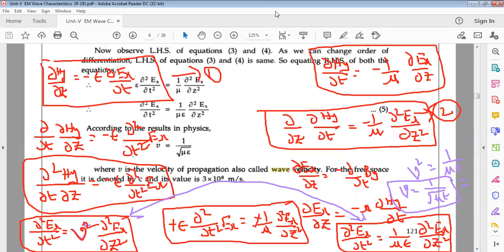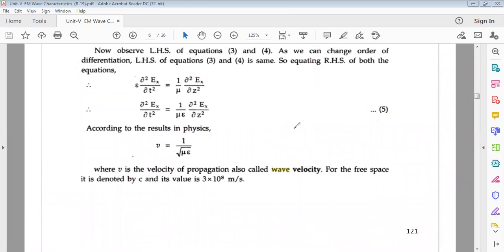According to the results in physics, the velocity of propagation, also called wave velocity, for free space is denoted by c, and its value is 3 into 10 to the power of 8 meters per second.